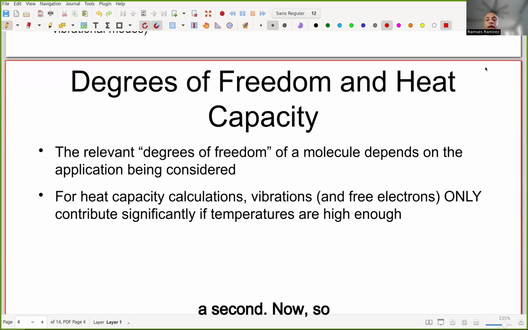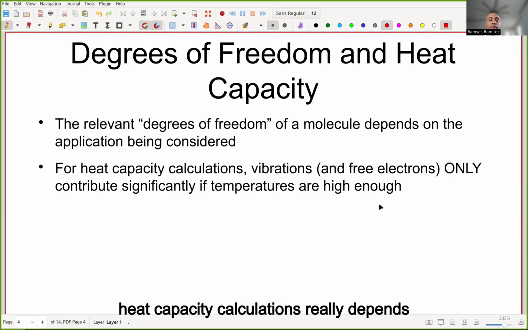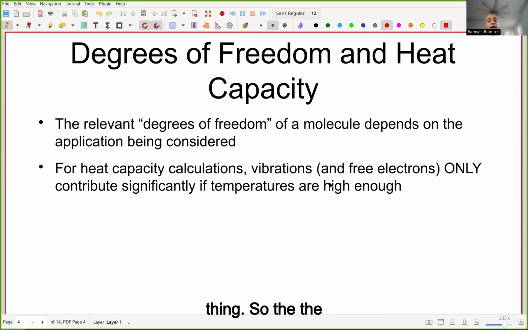Now, the relevant degrees of freedom for heat capacity calculations really depends on the application being considered. In particular, temperature is a big thing. The vibrational modes that are also degrees of freedom and the electronic transitions and things like that, they only contribute significantly if temperatures are high enough, right?